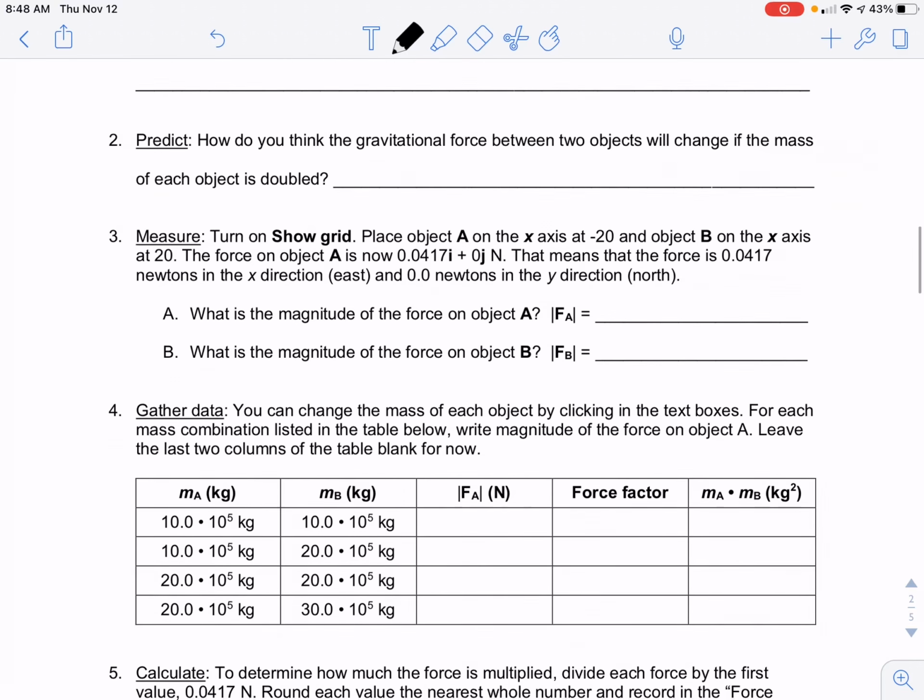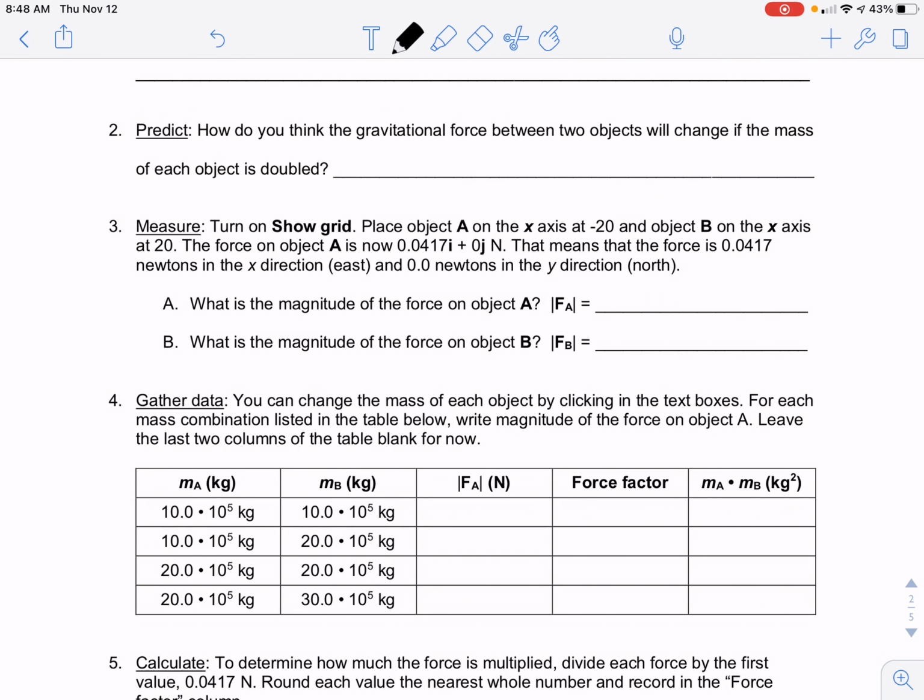Part 3. This is where we're going to measure and take some data. For measure, part 3, turn on Show Grid. Place object A on the x-axis at -20 and object B on the x-axis at 20.